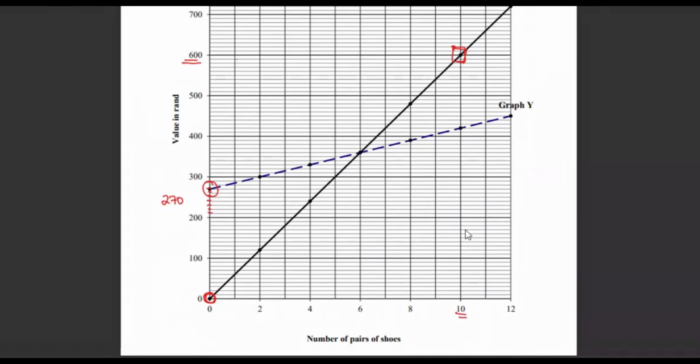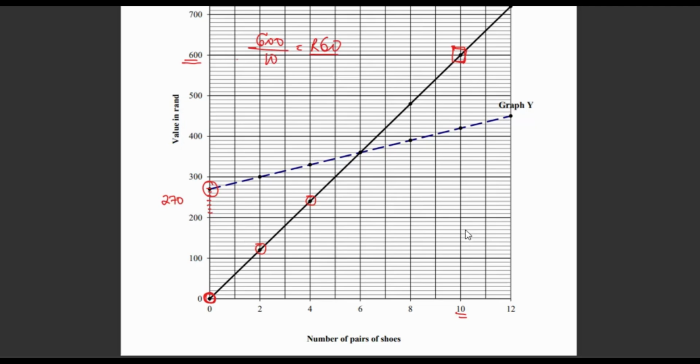So simply meaning how much was each? I wouldn't like you to estimate such a value. This one would be a little bit hectic because you'll be guessing a little bit. But the reason why I picked this is it's perfect. For 10, 600. That means each will cost 600 divided by 10, which becomes 60.